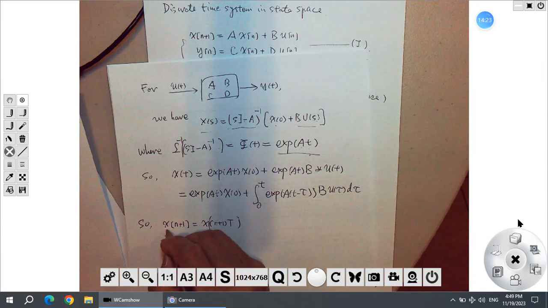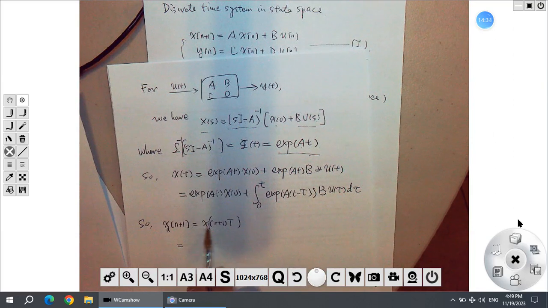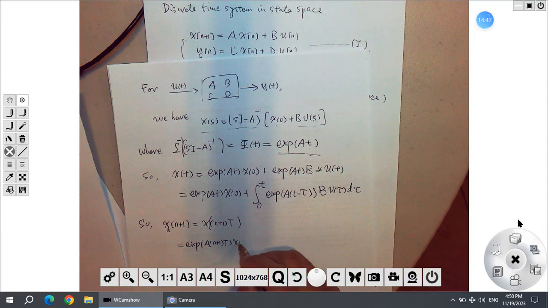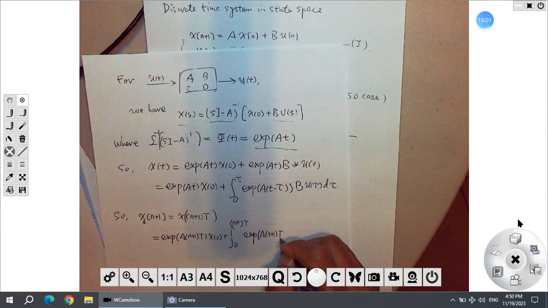Okay, I put the d here. x_d at index n plus 1 equals x, the original signal. The x inside here is x of t. Okay, like this. Now I plug in here. It will be the exponential power of A times t, where t is (n plus 1) times capital T, and then x of 0, plus the integral from 0 to (n plus 1) times capital T of the exponential power of A times ((n plus 1) times capital T minus tau).